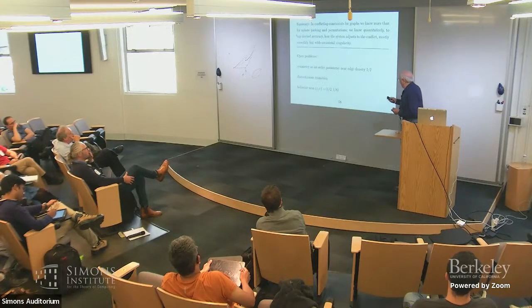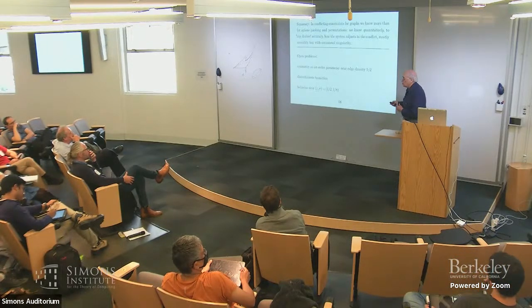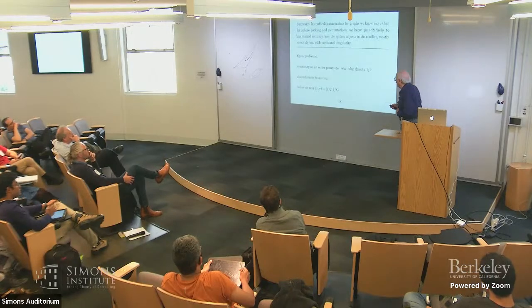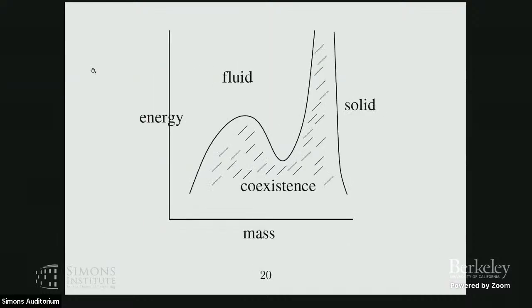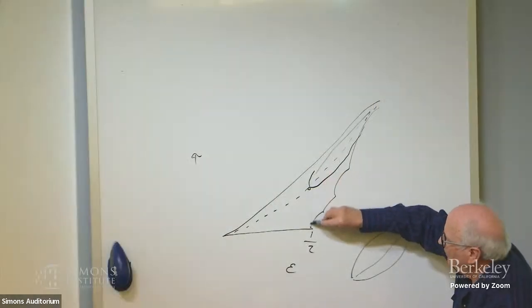Let me describe at least the first open problem I think I'll have time for. I'll have to tell you what I mean by this: symmetry as an order parameter. In that first or second paper, we had done the following.